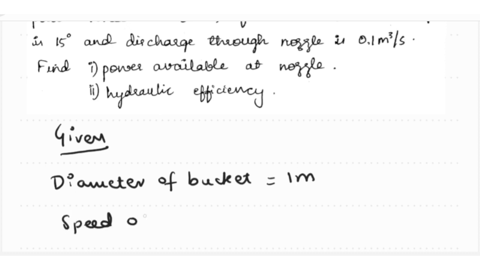Speed of bucket is given, N is equal to 1000 rpm.